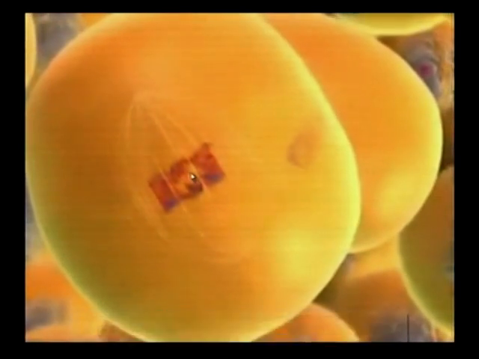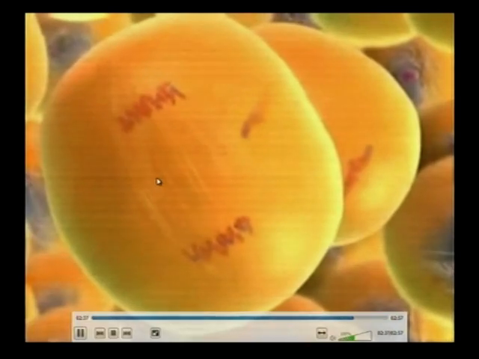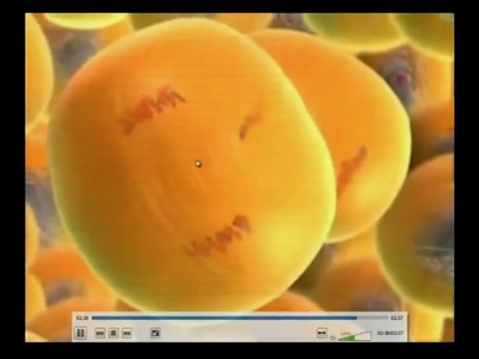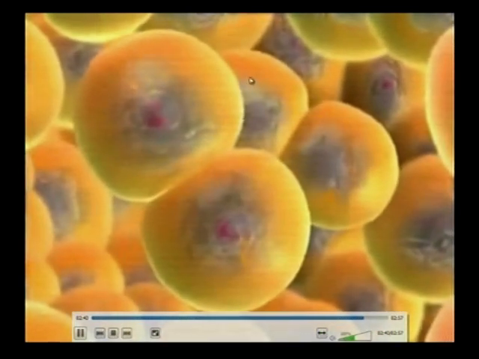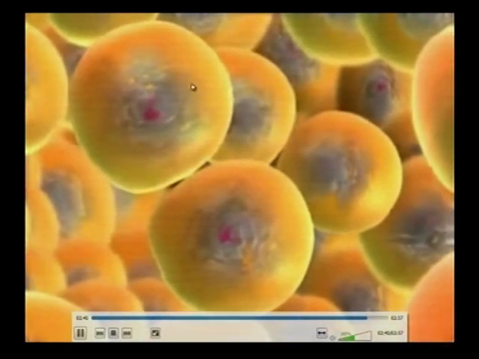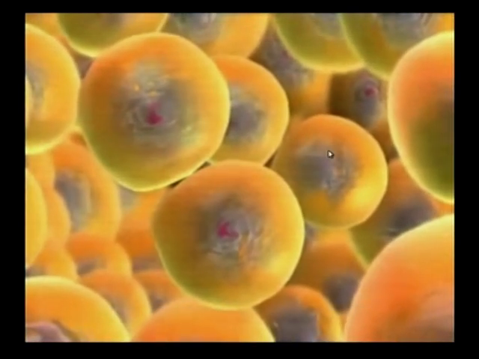The chromosomes come in the same line and move to opposite directions. See friends, at last it forms 4 haploid cells. This is the end result of meiosis 2.